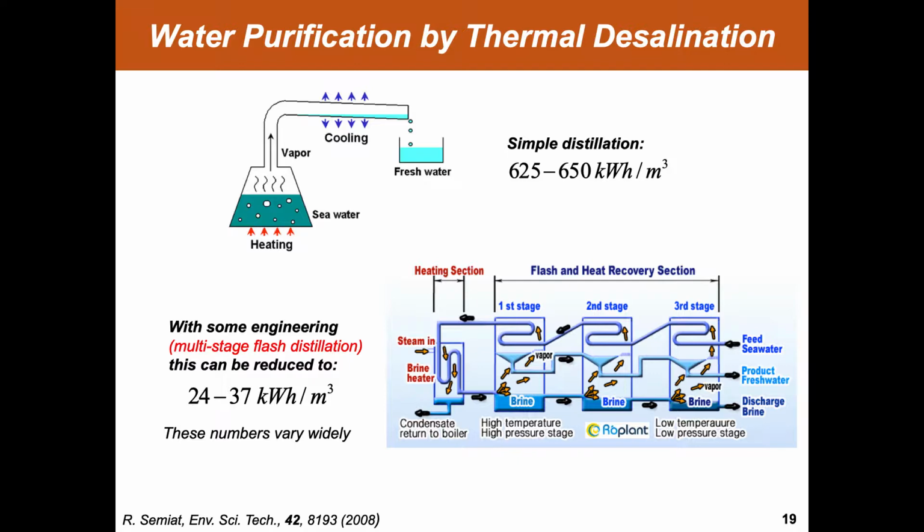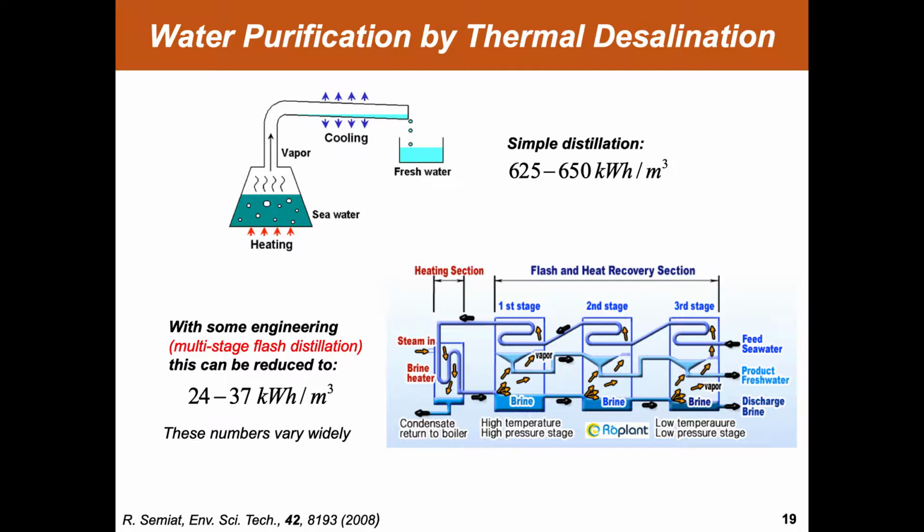And in fact, many of the modern thermal desalination systems are based around this sort of technology. I was in Qatar a couple of weeks ago, and virtually all of their water is desalinated. They desalinate the Persian Gulf to get their drinking water, and they do it essentially all by thermal desalination. And the reason for that is that they're sitting on something like a third or more of the world's known natural gas reserves.